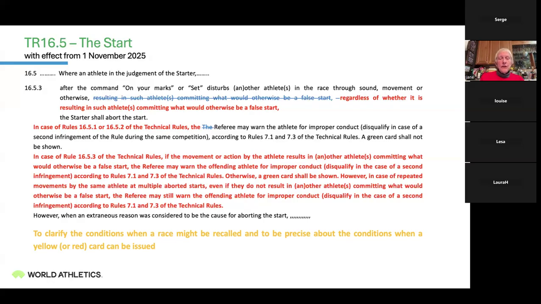The commentary on that is to clarify the conditions when a race might be recalled and to be precise about the conditions when yellow or red cards can be issued. And we all remember too that the only person on a start line who can grant a yellow or a red card is the start referee.